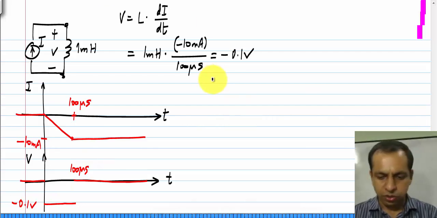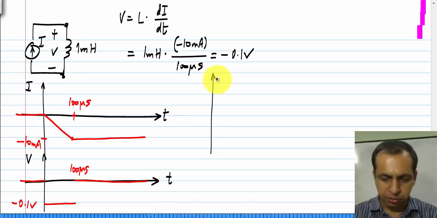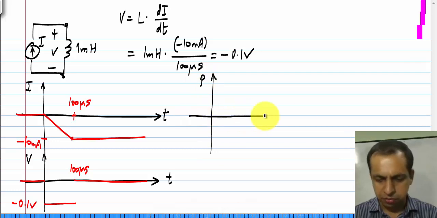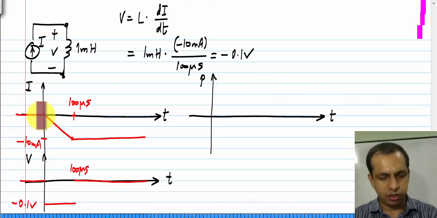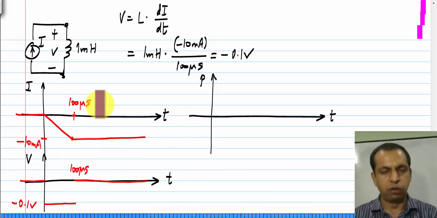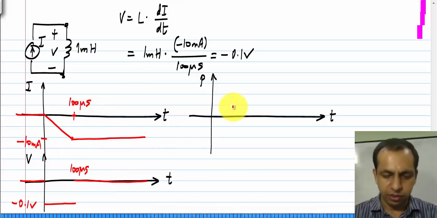Now, we can also sketch the instantaneous power versus time. Okay. So, what happens now? Clearly, before t equal to 0 or after t equals 100 microseconds, the voltage will be 0. So, the product of voltage times current will also be 0.